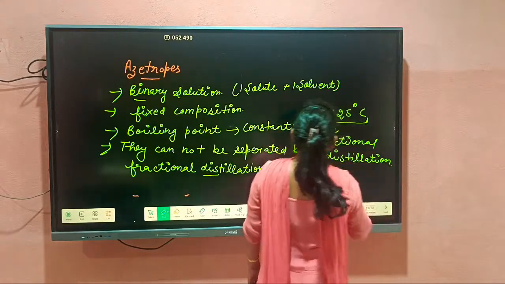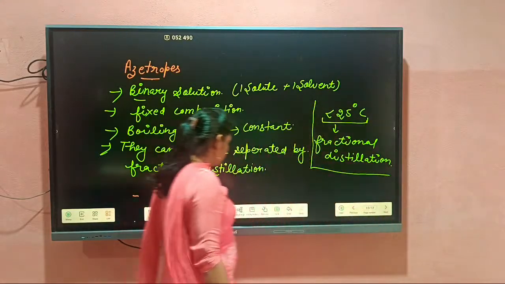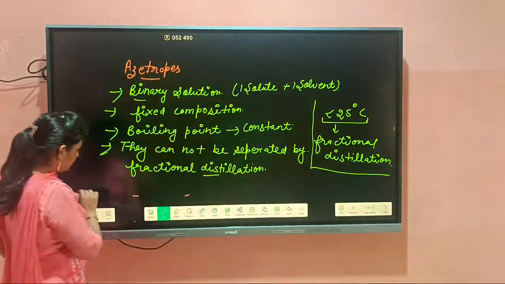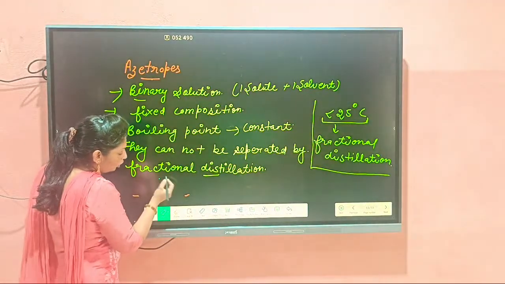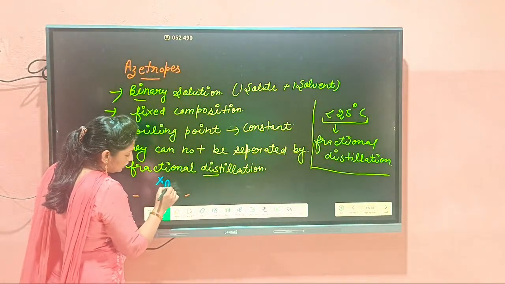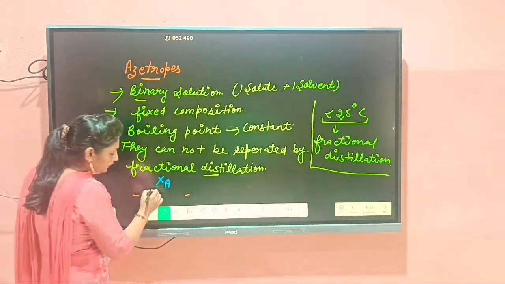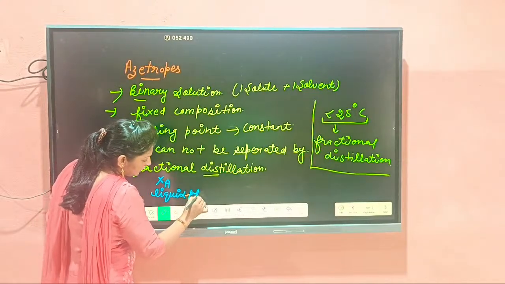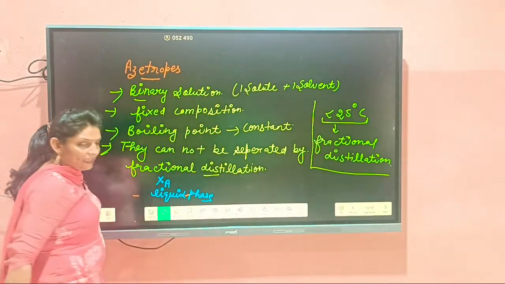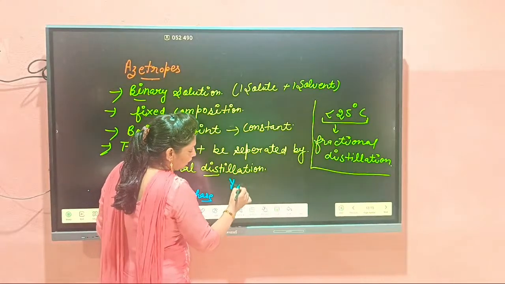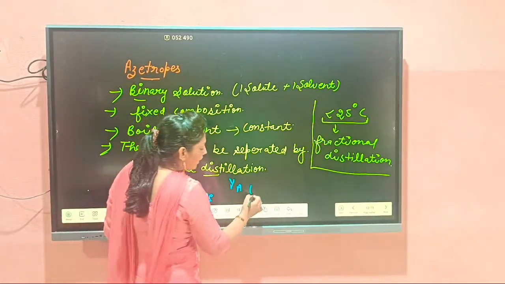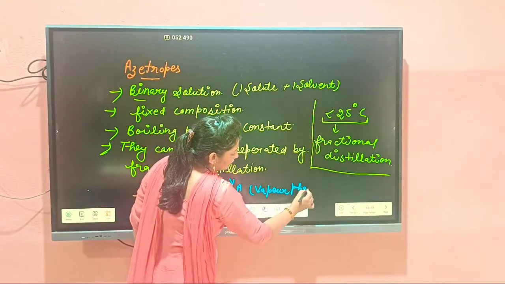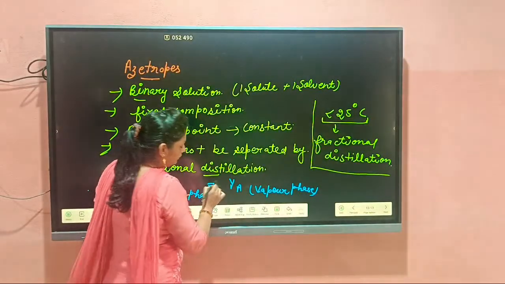Why can they not be separated by fractional distillation? Students, because here the mole fraction of the component in liquid phase as well as the mole fraction of the component in vapor phase becomes equal.